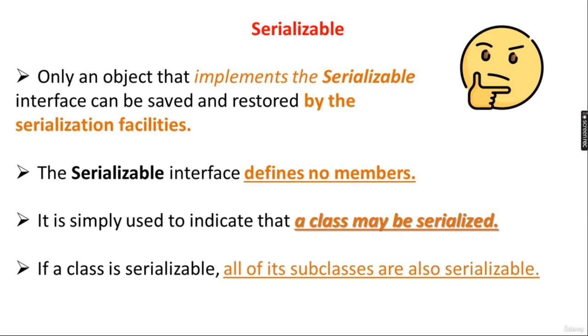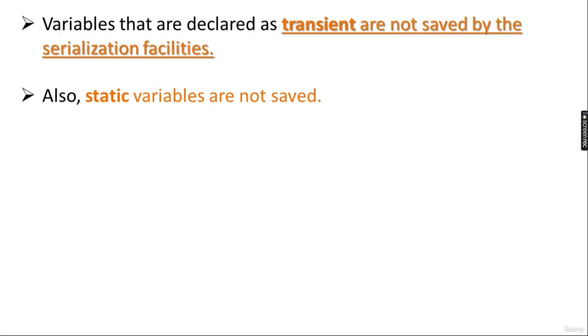The Serializable interface defines no members. It is simply used to indicate that a class may be serialized. If a class is serializable, all of its subclasses are also serializable.